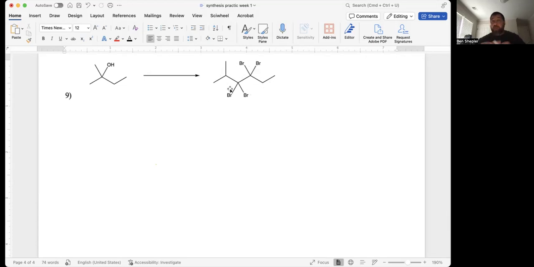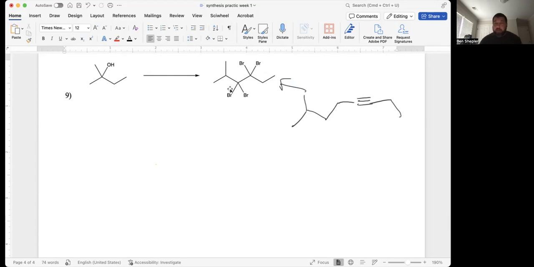If I'm going to put those bromines on, then that would have had to have come from one, two, three, four, and I have a methyl on the end. So that had to be my starting alkyne.